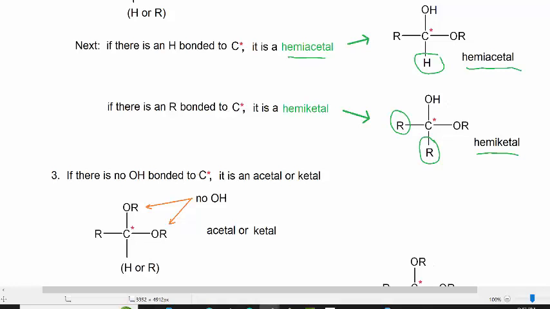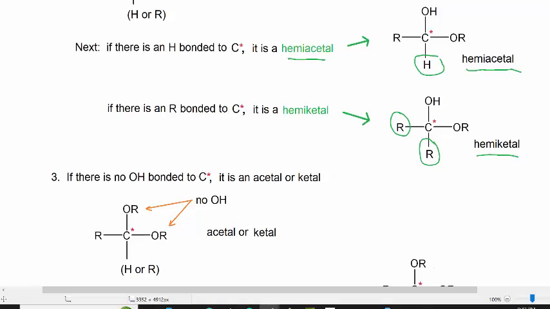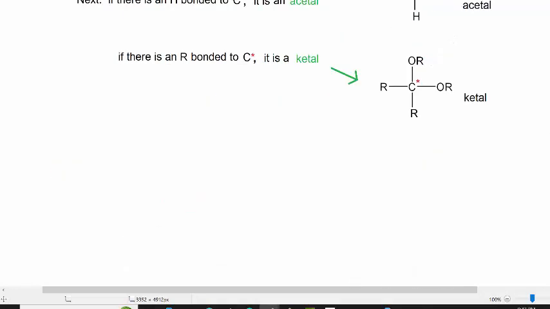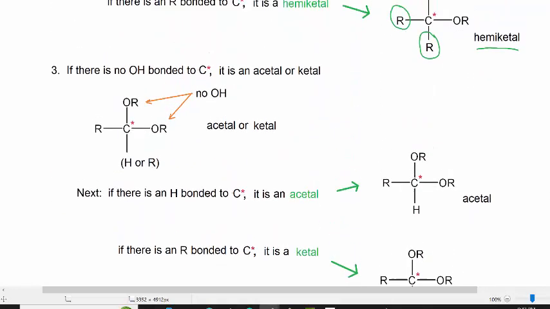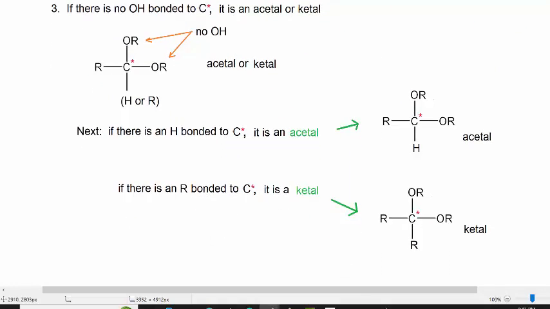All right, now suppose there is no OH bonded to the starred carbon. There would only be, that is, O carbon groups. It is going to be an acetal or ketal. How do you tell which? Well, go back, look at the starred carbon. If there's at least one hydrogen attached to the starred carbon, it will be an acetal.